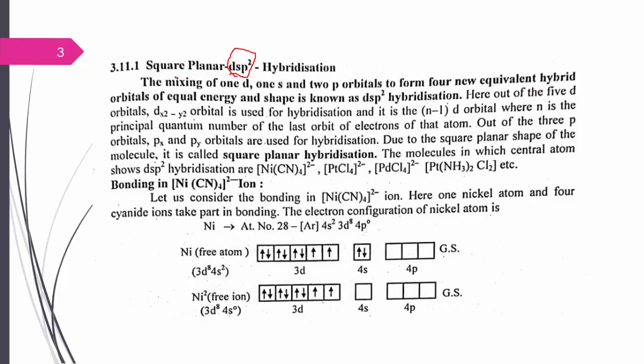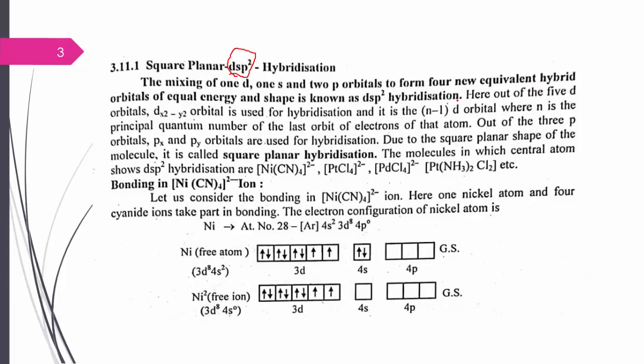It is also called square planar hybridization because of the geometry of the shape of the molecules. Here we can see the mixing of one d orbital, one s orbital and two p orbitals to form four new equivalent hybrid orbitals of equal energy and shape, known as dsp2 hybridization.